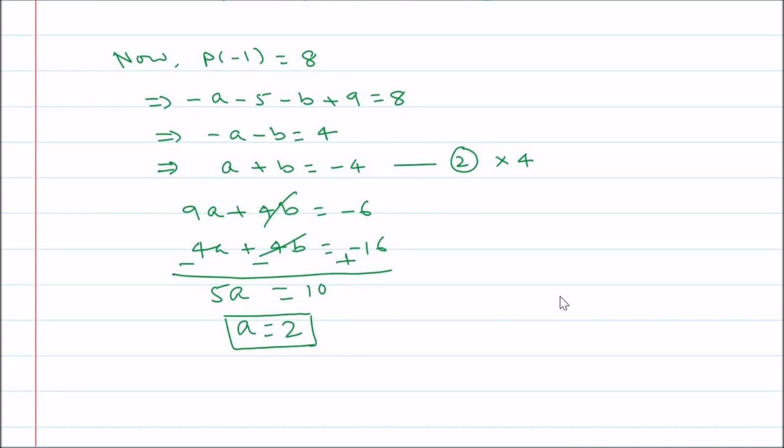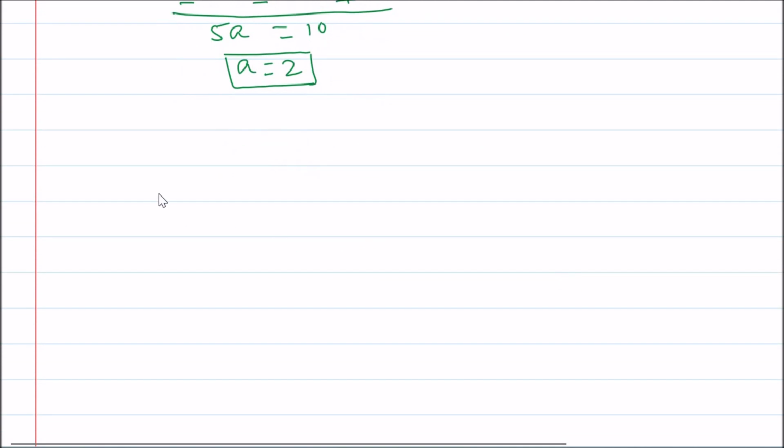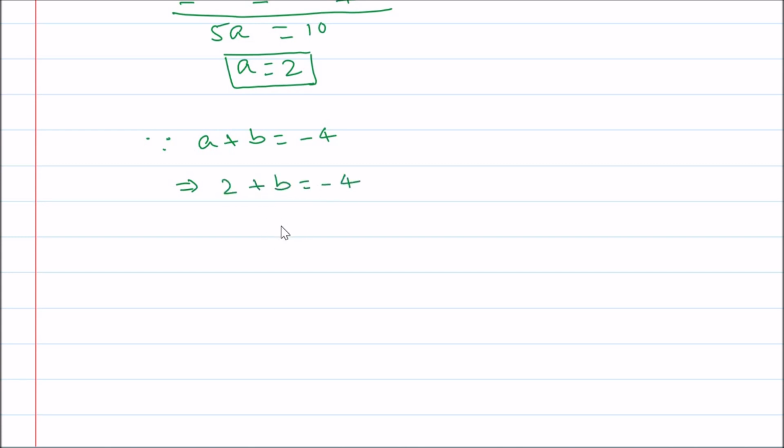So we have a plus b equal to minus 4. Substitute the value of a: 2 plus b equal to minus 4. So b equal to minus 6.